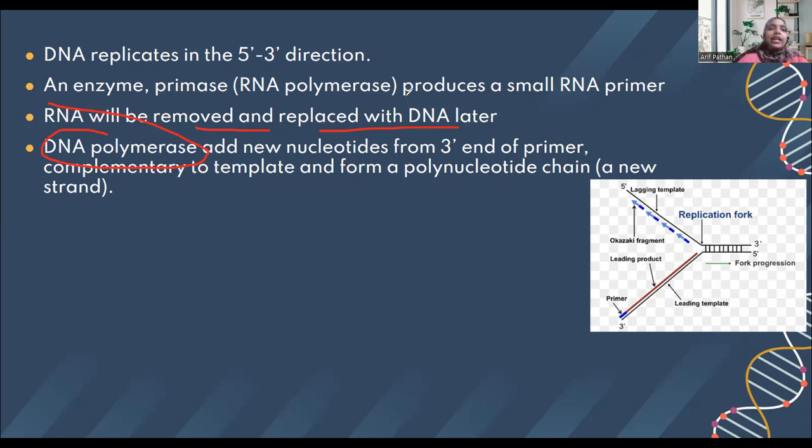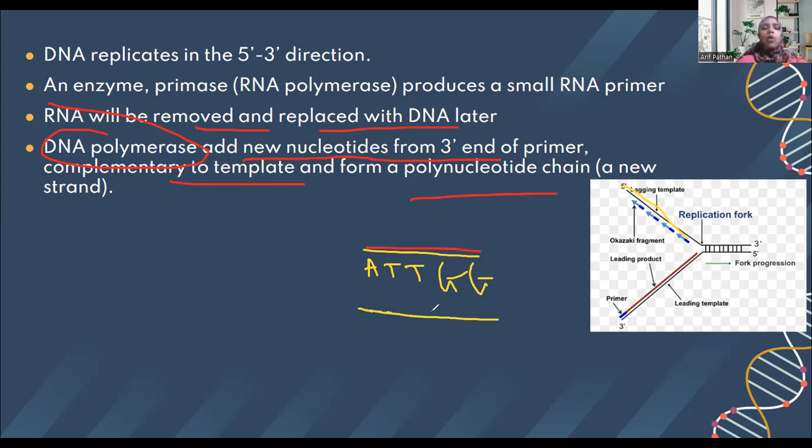Okay. So DNA polymerase will do what? It will add new nucleotides from the 3' end of the primer, complementary to the template, and form a nucleotide chain. So if this is the template strand, for example, and the sequence is A, T, T, G, G, and the daughter strand which will be made now, what will be the sequence?